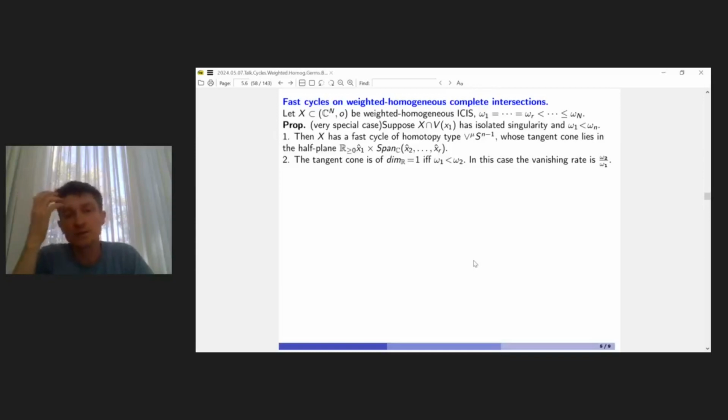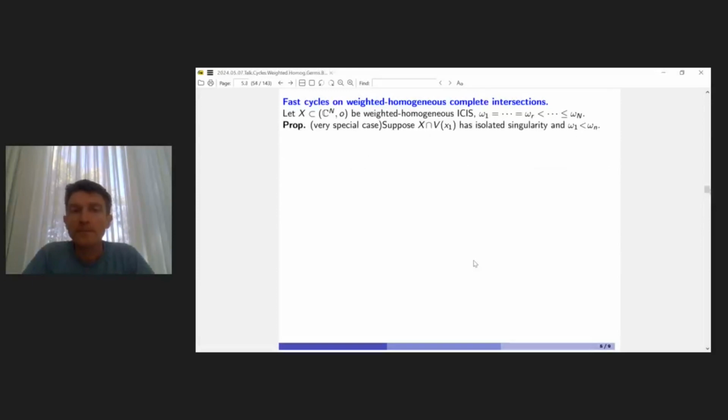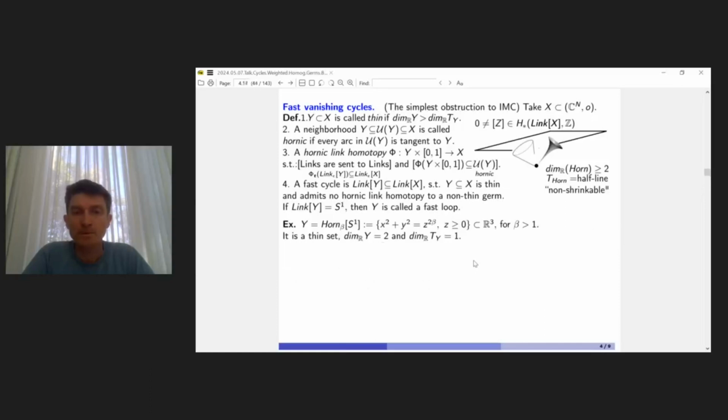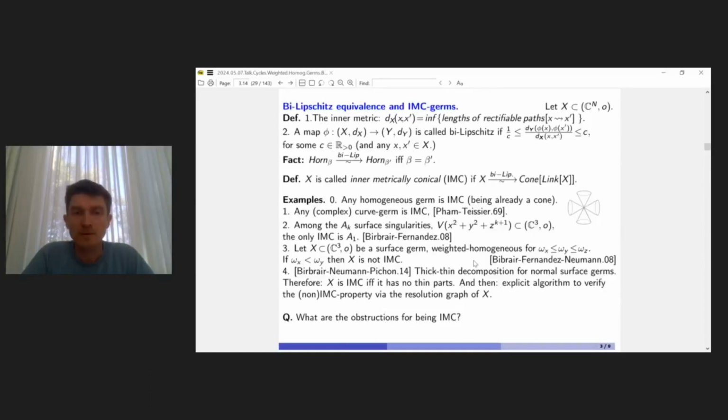Dima, let's come back to the Kleinian examples, right? If we go to the Kleinian examples, then what does it mean, the tangent cone to the fast cycle? So, for example, A_k, you mean, yes? A_k, yes. You have here a complex surface.